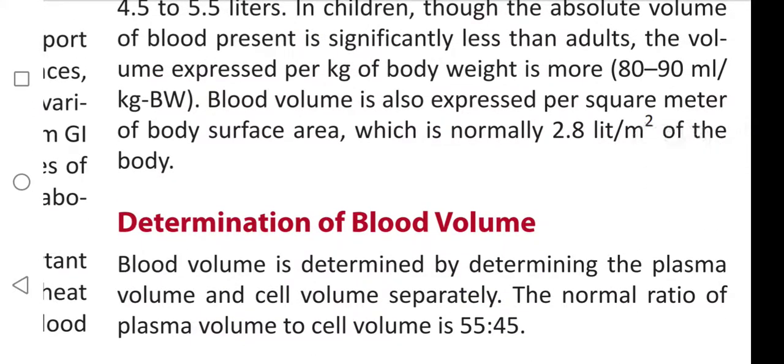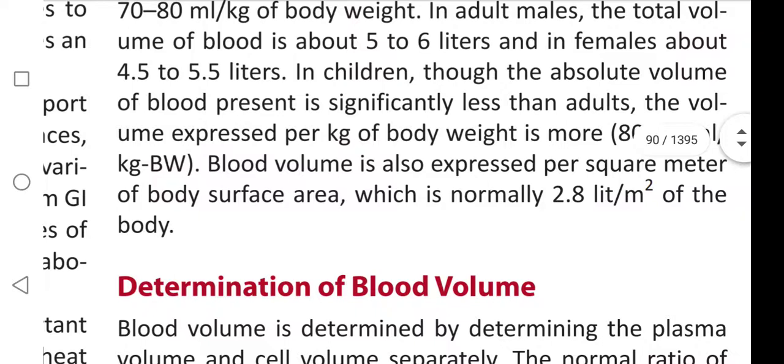And blood volume is also expressed per square meter of body surface. What is the normal value? 2.8 liters per meter square of the body. In children, how many ml per kg body weight blood is present? 80 to 90 ml per kg.